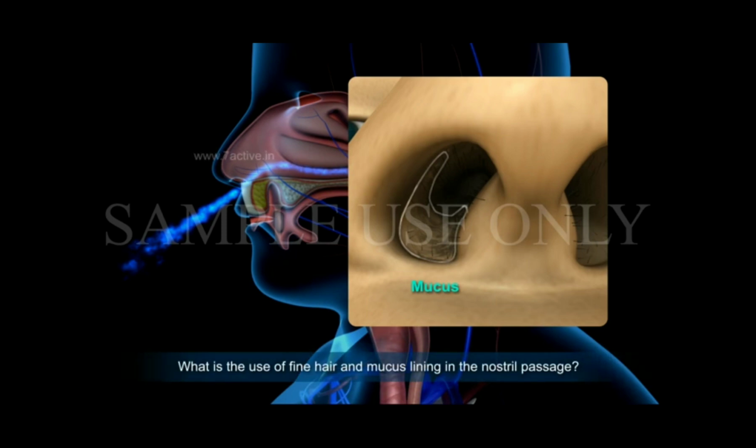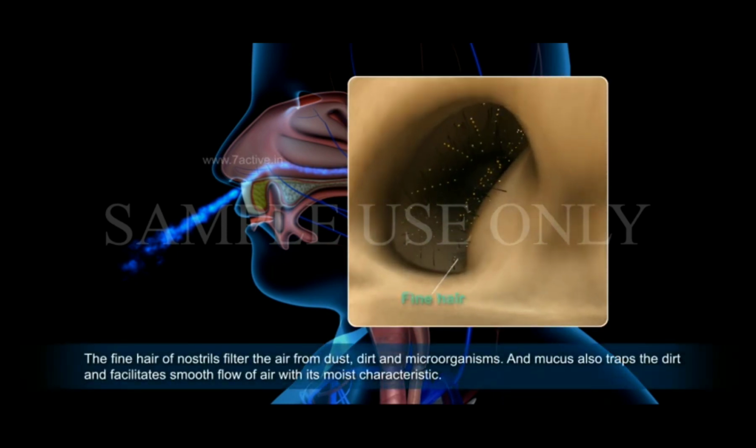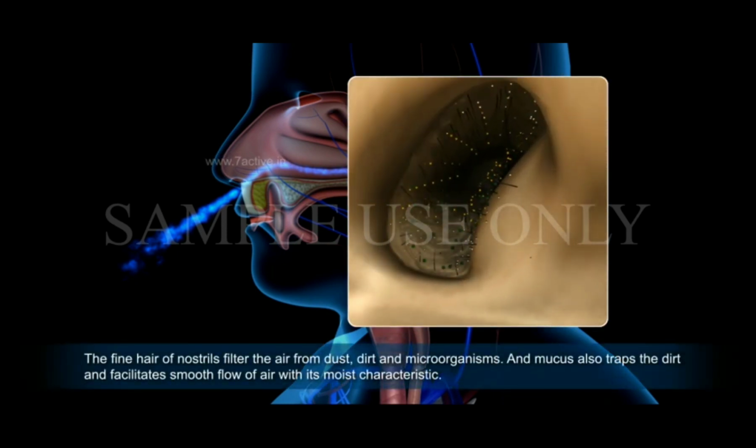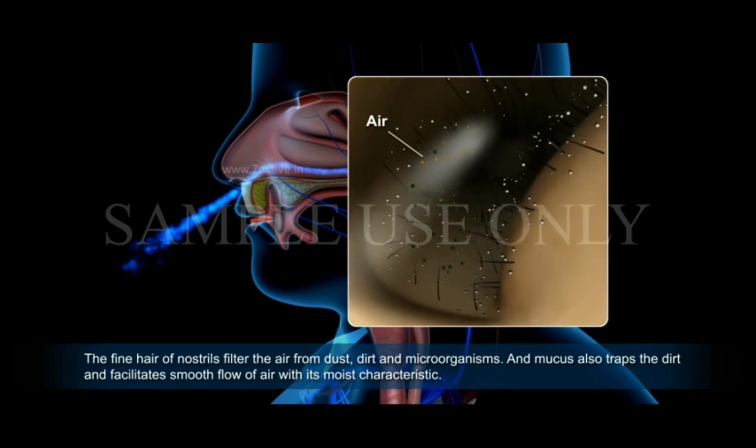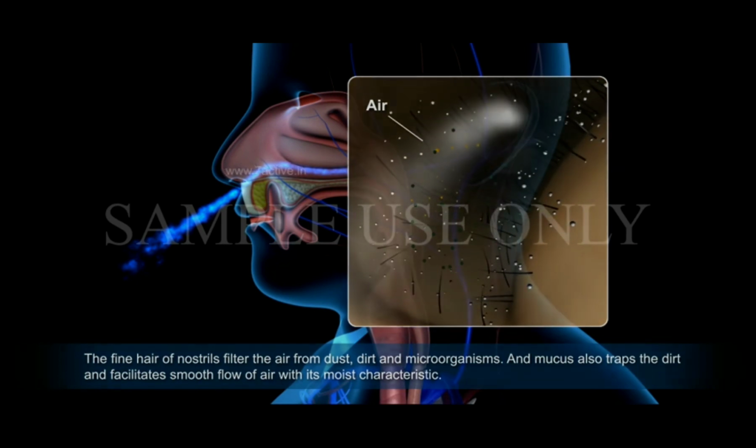What is the use of fine hair and mucus lining in the nostril passage? The fine hair of nostrils filter the air from dust, dirt, and microorganisms, and mucus also traps the dirt and facilitates smooth flow of air with its moist characteristic.